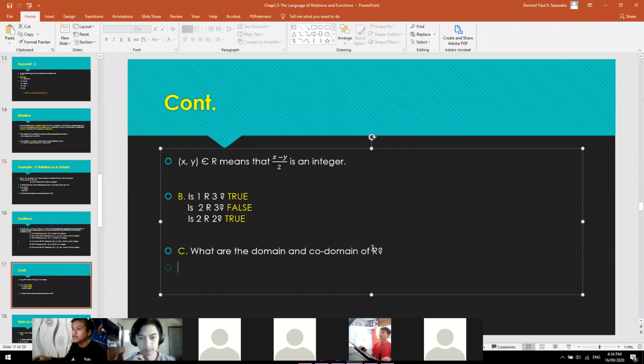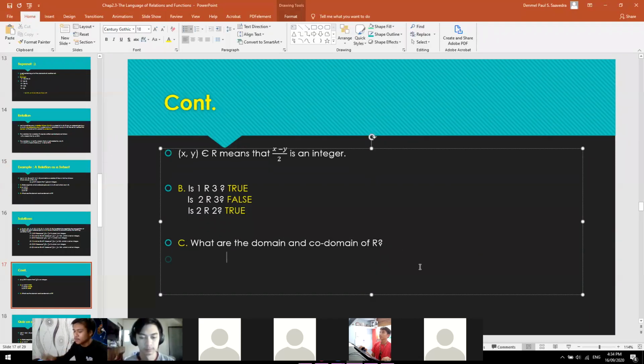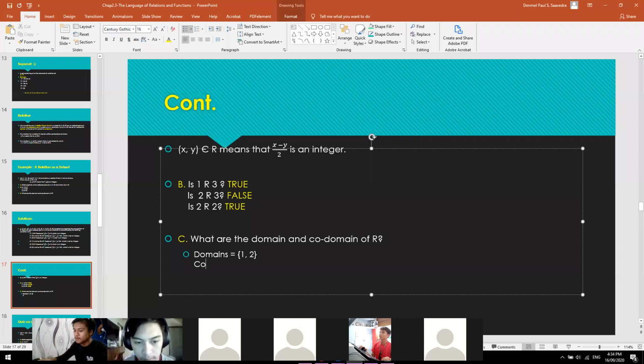So in here, we could say that the domains are 1, 2. Codomain are 1, 2, and then 3.